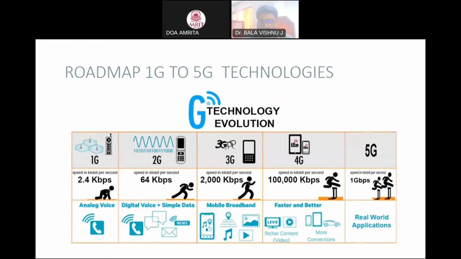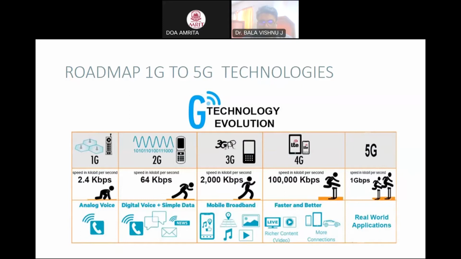AMPS, the Advanced Mobile Phone Service, was used in the first generation. Whereas in the second generation, we call it GSM, Global System for Mobile Communication, where along with voice, that is purely digital voice compared to analog, you are also having SMS, short message service.